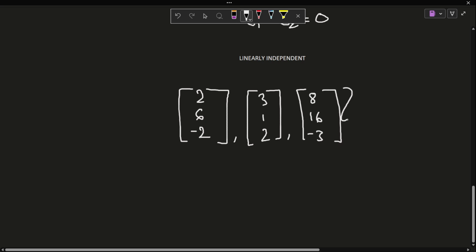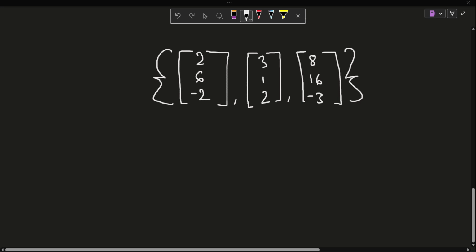Once we have this set, we basically just need to show whether these are linearly independent or dependent. So same thing.